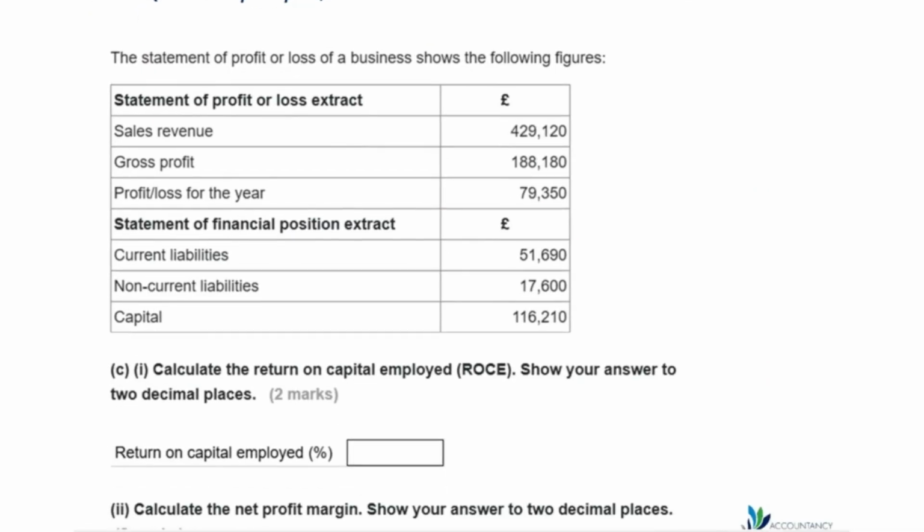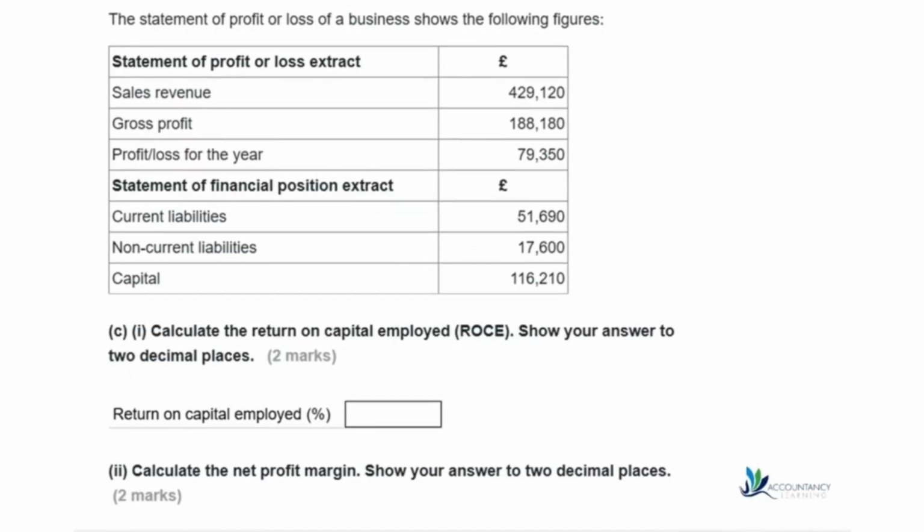The statement of profit or loss of a business shows the following figures. So we've got a list of figures there. We need to calculate the return on capital employed, showing answers to 2 decimal places. So the return on capital employed is what have we made against what have we invested.